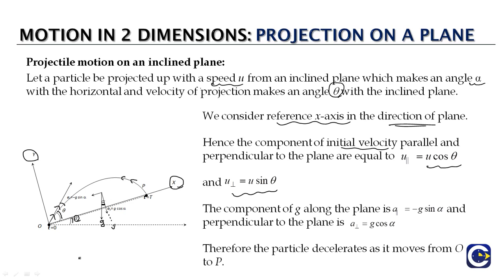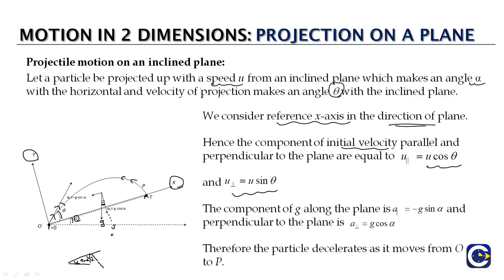We can see it using the properties of the triangle. If this is alpha, we draw a vertical and this is the normal. So this is alpha, this will be 90 minus alpha, and this is going to be alpha because the total angle will be 90. So the angle made by the normal with the plane will be 90.